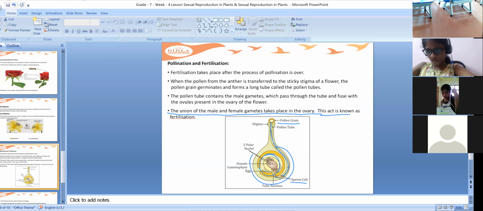This act is known as fertilization. In human beings, the female has a womb in which the baby develops. In the same way, in the female flower, it fertilizes, and this process is called fertilization. Is it clear now?